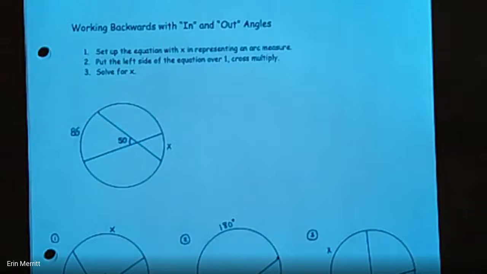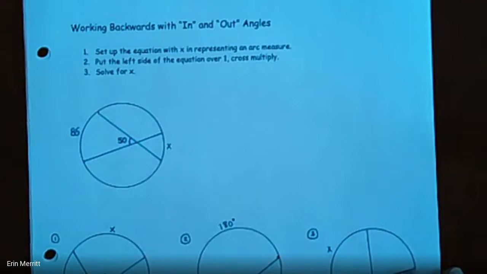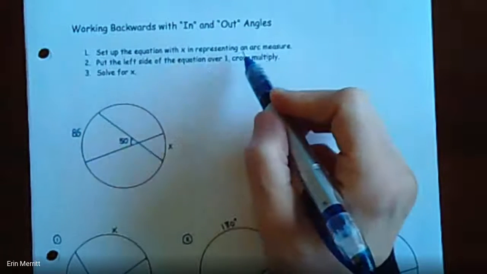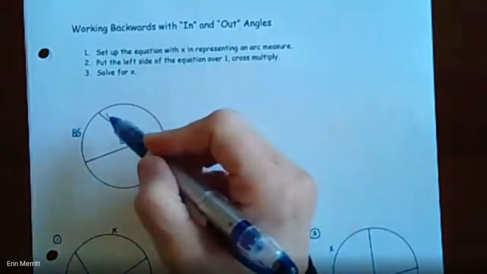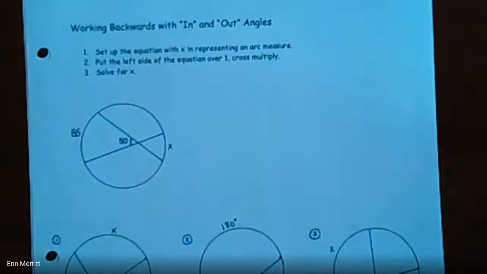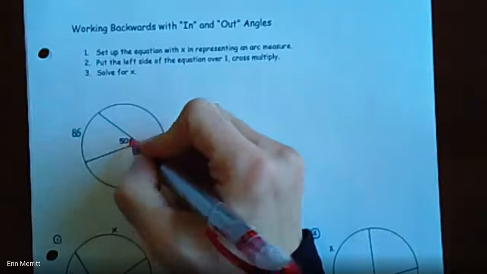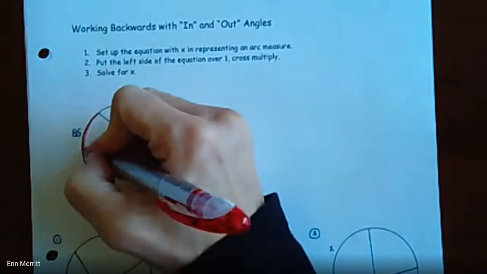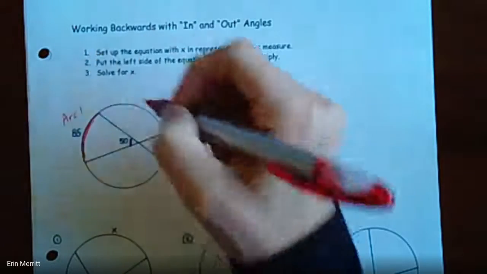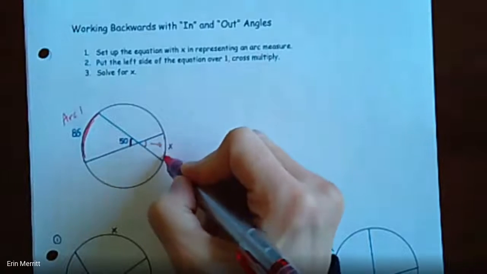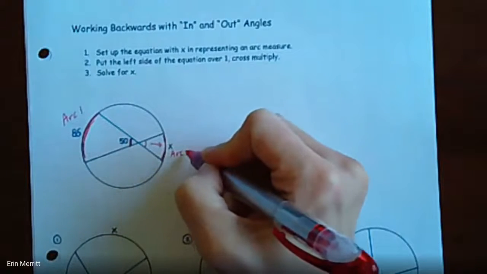All right, so here's where we get to use that rule. So when it says set up the equation with x representing an arc measure, if you look at the picture right here, if here's my angle, then over here would be arc 1. Its vertical angle opens up to this guy, so this is arc 2.